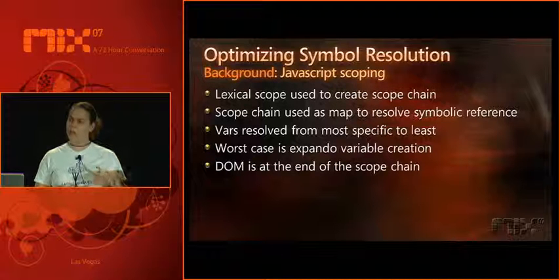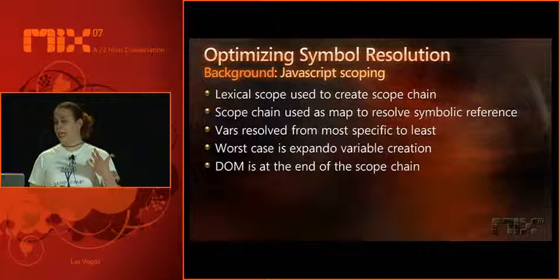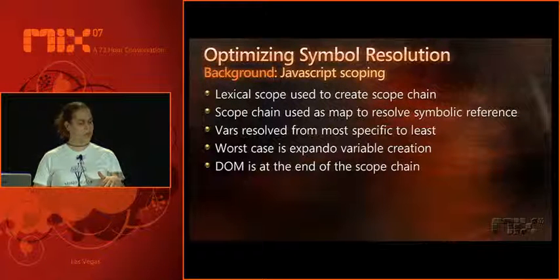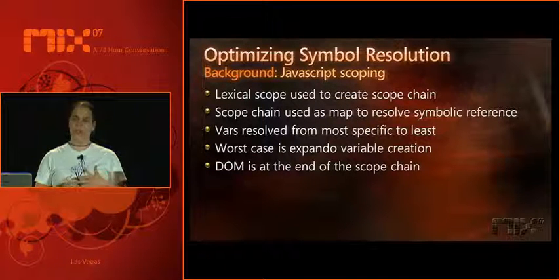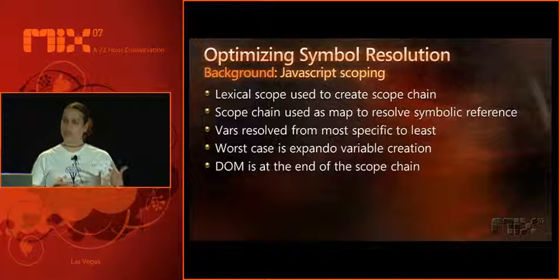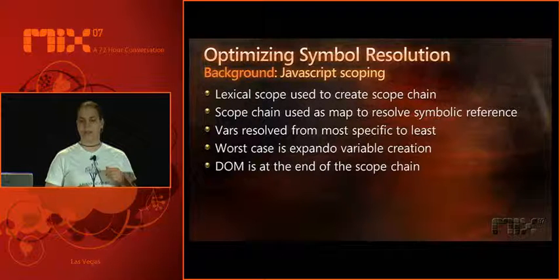That scope chain goes from local vars to global vars and to the DOM itself. So when you have expando variables, they're actually the worst possible case. Because you're not declaring them, they wind up being the slowest to be defined. And at the end of the scope chain is the DOM.